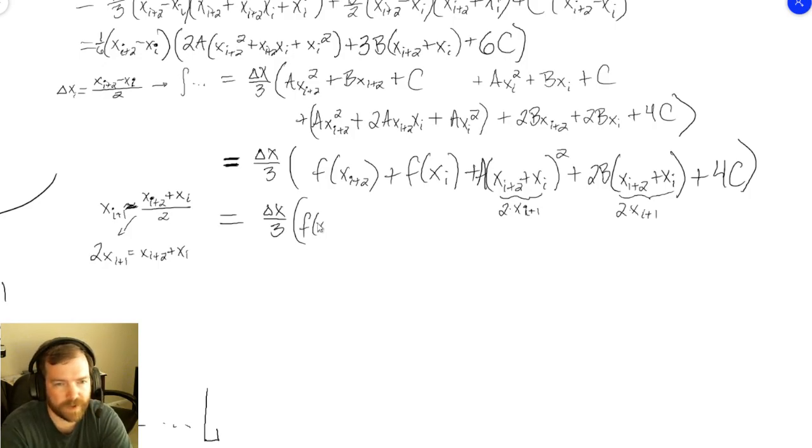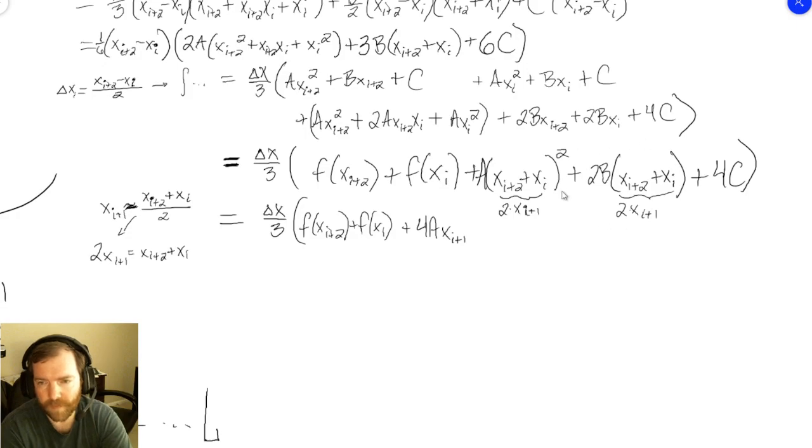So, f of x sub i plus 2 plus f of x sub i plus, this is going to be a times 2, sorry, that 2 is going to be squared, so we get a 4a x sub i plus 1. Here we get a 4b x sub i plus 1.